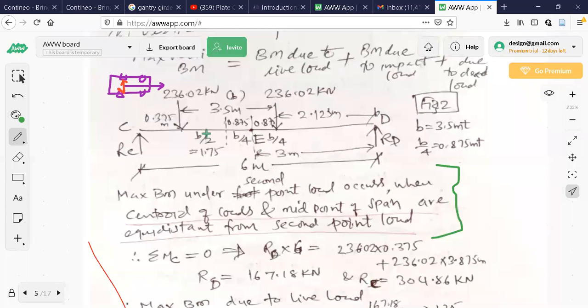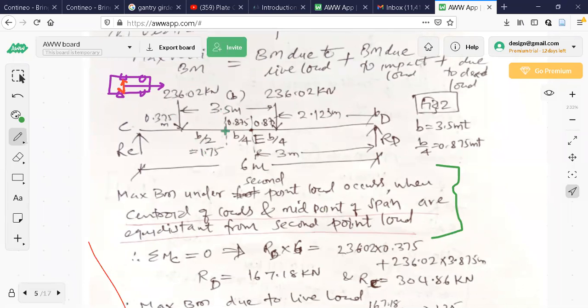Okay, you are having 2 points now. One is 3.5 by 2. Where to place the midpoint of the loads you understand from this: equidistant from the second point load. What it means here is, now you look at this one here. Let us divide 3.5 into two parts, which is 1.75.